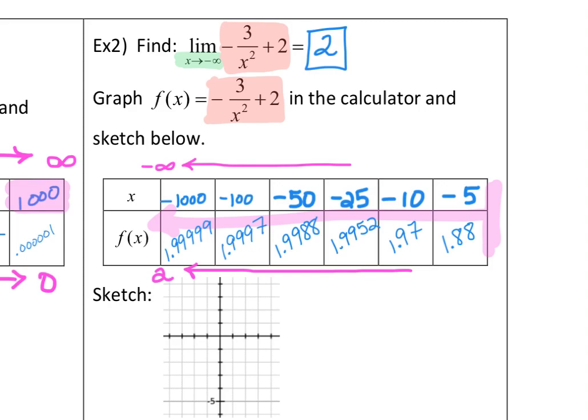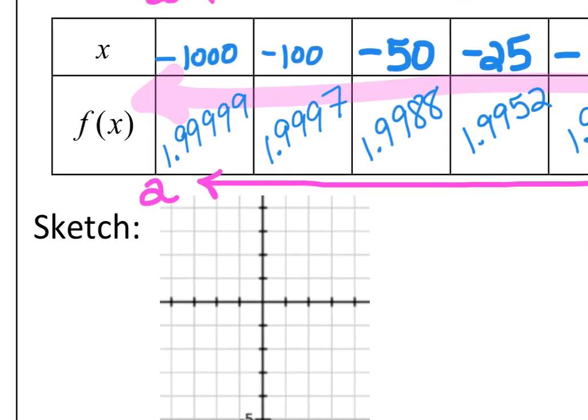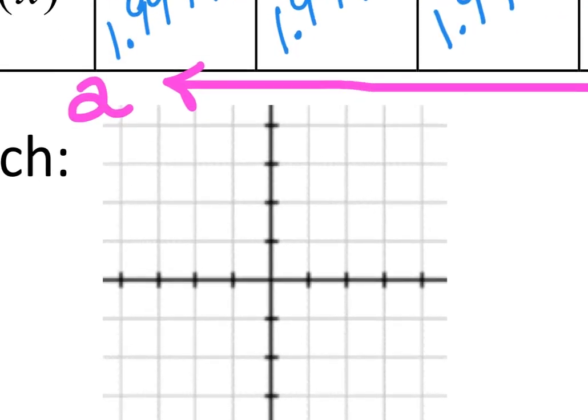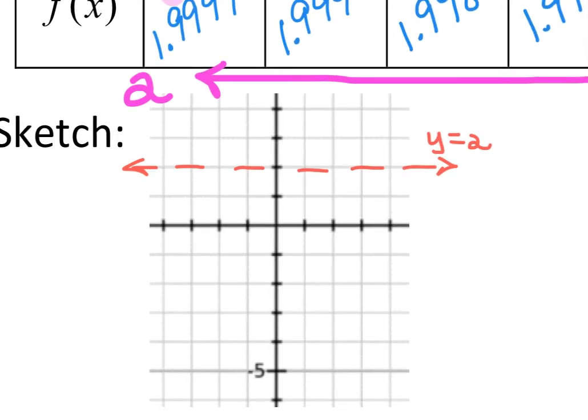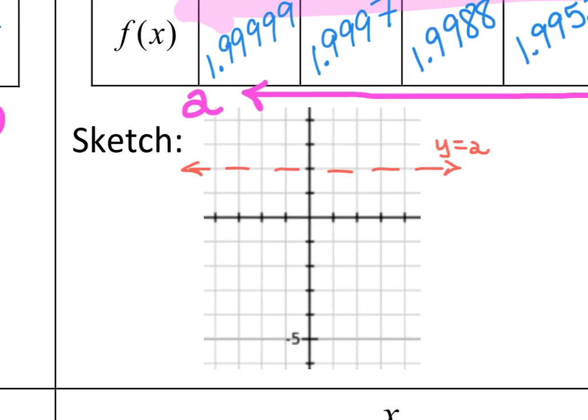So let's go ahead and draw the graph. I'm going to put that horizontal asymptote at y equals 2. This graph also happens to have a vertical asymptote at x equals 0.